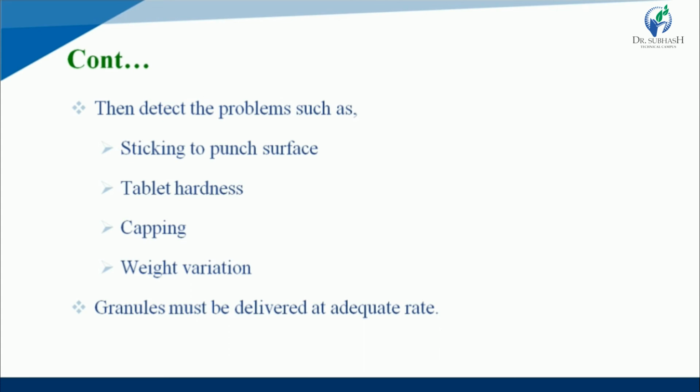If there is sticking to the punch surface, in that case lubricant is required. Second one is tablet hardness, which is maintained by the hardness roller. If a capping problem occurs, the solution of the capping problem is done.